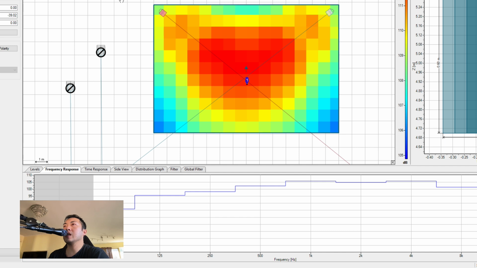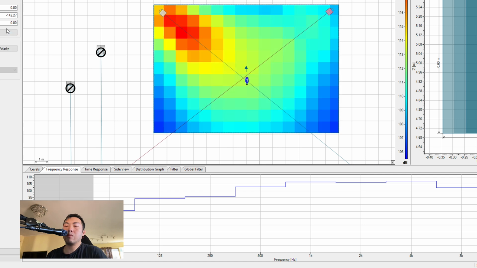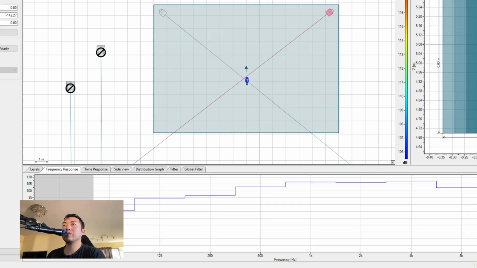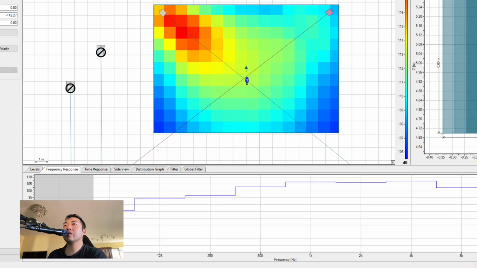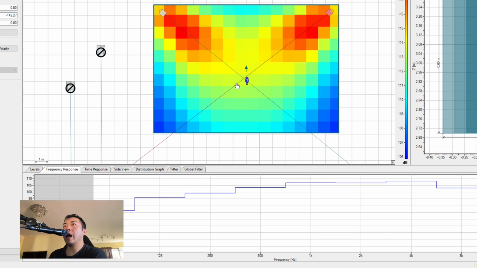And you can also see now, as I raise it higher, it becomes more and more even in the room because it's not directly pointed at the level with the listener.